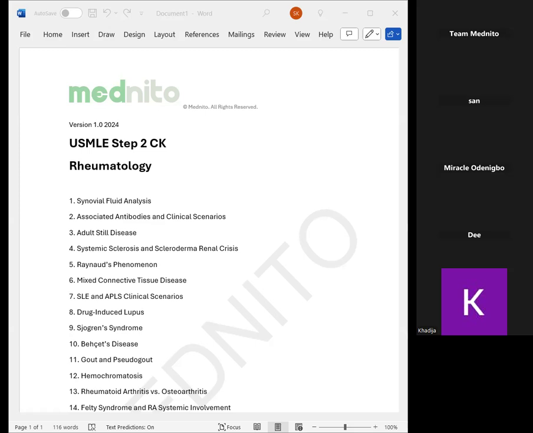That is anti-double stranded DNA or anti-Smith antibody. Very important. Remember, anti-dsDNA or anti-Smith is 96% specific. I'll talk more about specificity and sensitivity when we are talking about biostats. But remember, 96% specificity for systemic lupus erythematosus is anti-dsDNA antibody or anti-Smith antibody.